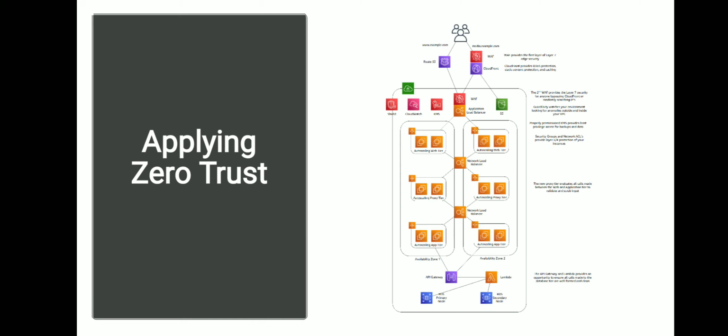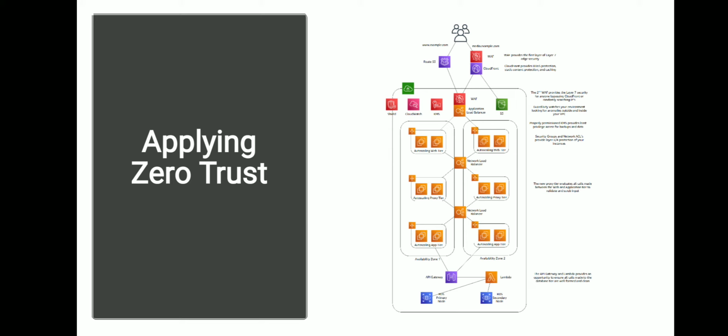So this is the same architecture with zero trust applied on it. Now, what is the difference? We have discussed a very simple definition: zero trust means never trust, always verify. So what does it mean?